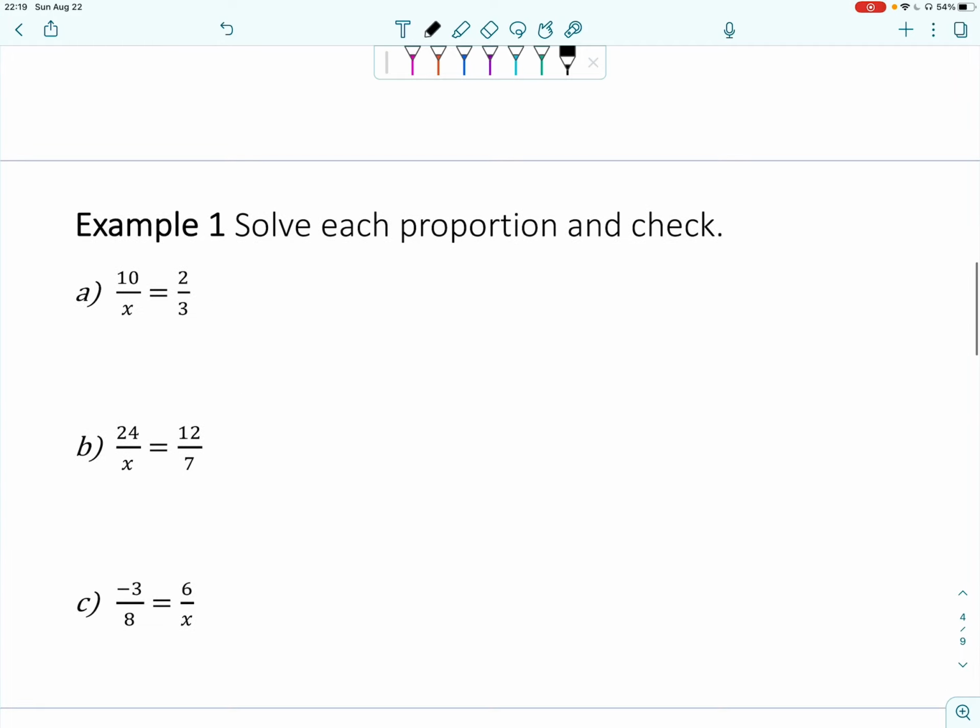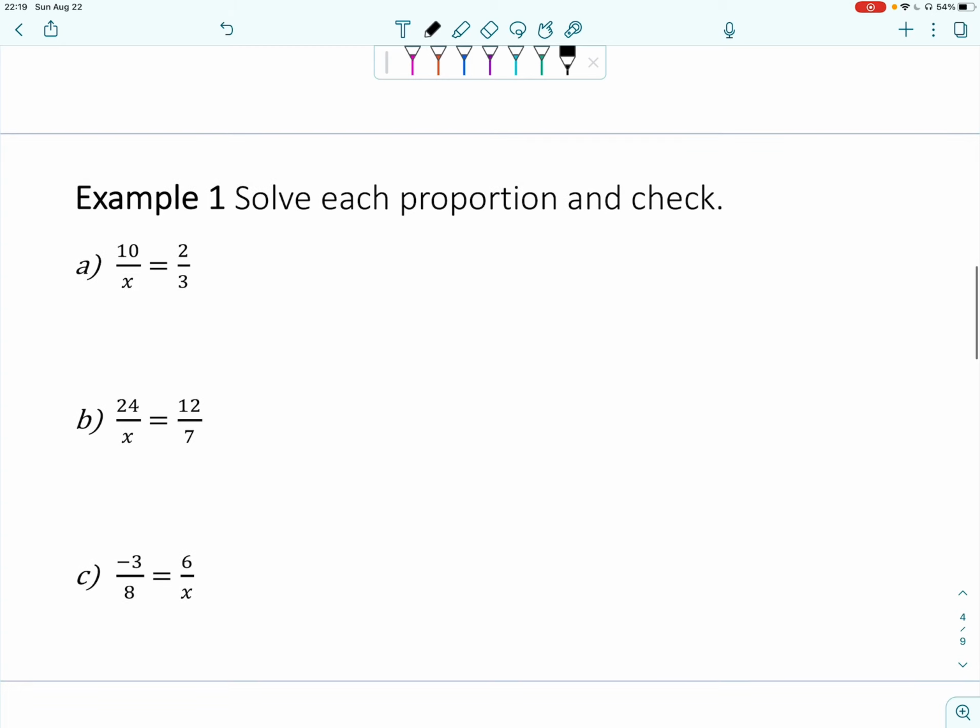So a few examples with a missing value: 10/x equals 2/3. I'm going to use cross products to solve for the missing value. So I'm going to multiply across. So 10 times 3 equals x times 2. 10 times 3 is 30.